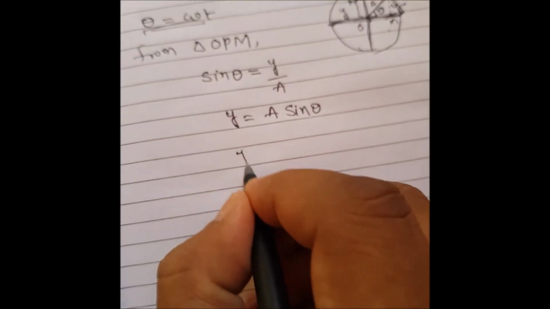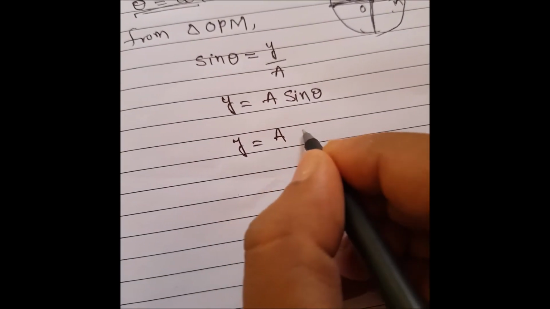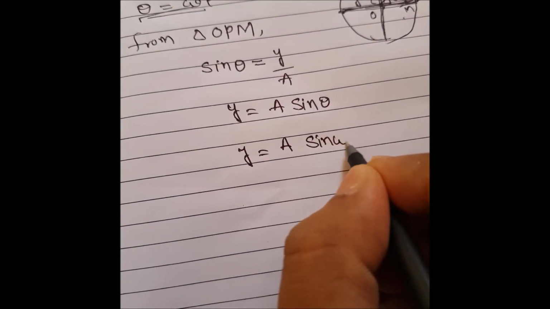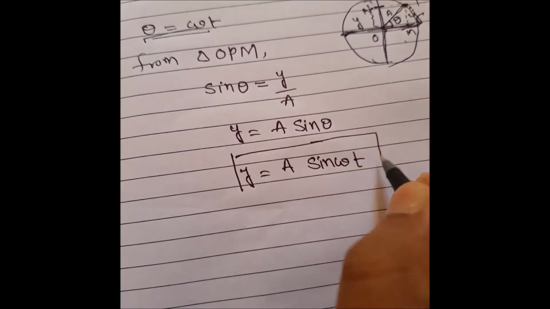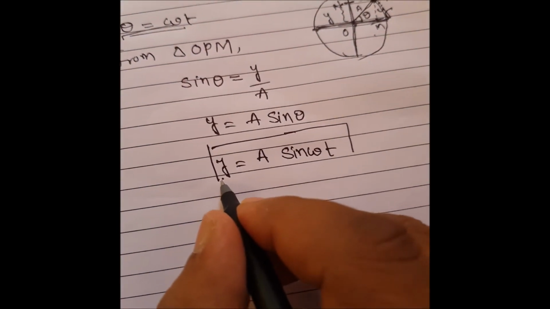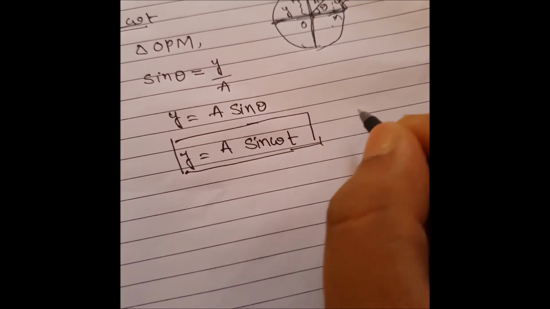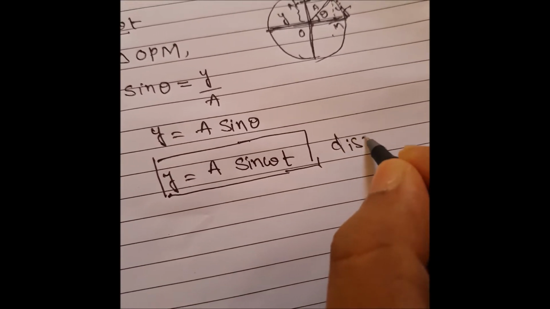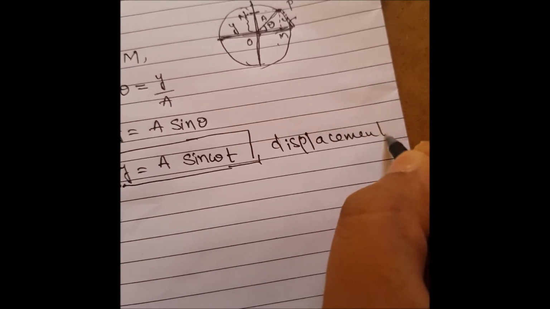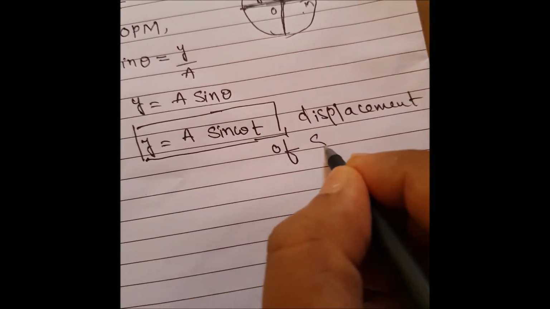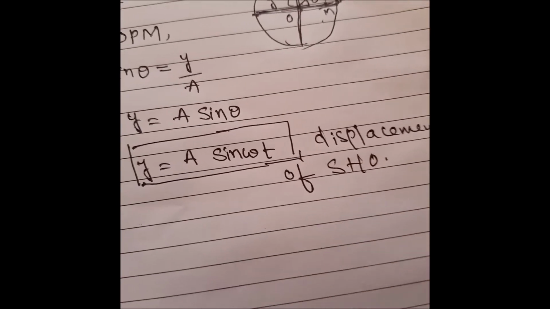Therefore y becomes A sine omega t. This is the basic or fundamental equation in simple harmonic motion, which indicates the displacement of the SHO, simple harmonic oscillator.